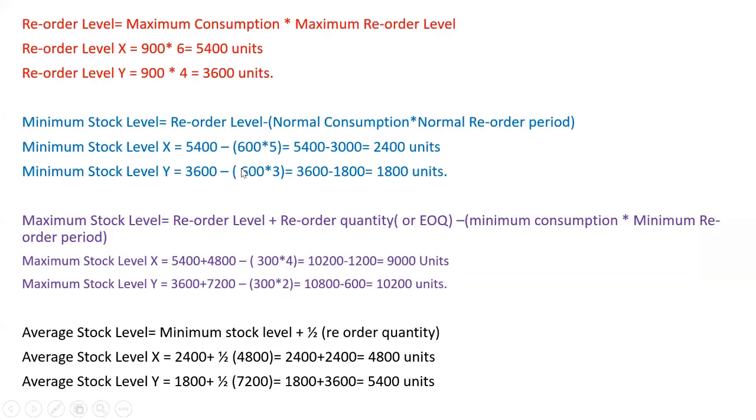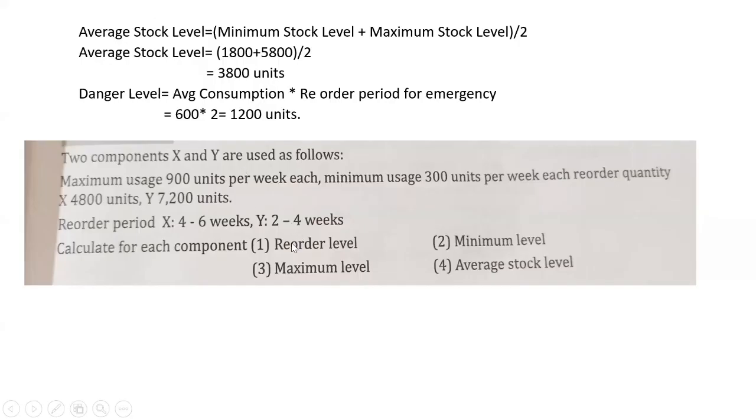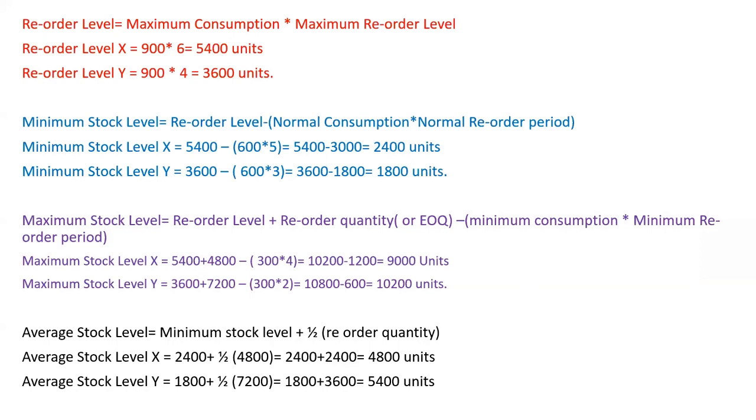See here. Here also they have asked to calculate reorder, minimum, maximum, and average. So we know the formulas: reorder level is maximum consumption into maximum reorder period, not level, reorder period. So for X and Y, here 2 components, we have to consider both.